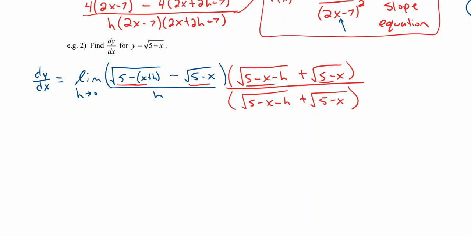So let's write this out again. So we've got, this is equal to the limit as h approaches 0 of, so it works out nice with the square roots too, right, because that first part just becomes 5 minus x minus h, right, for that first one. And then the second one would just be minus (5 minus x).